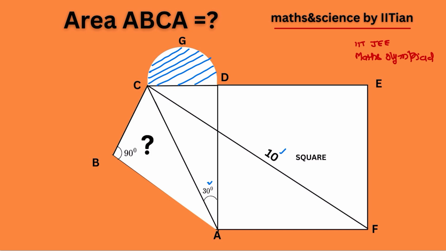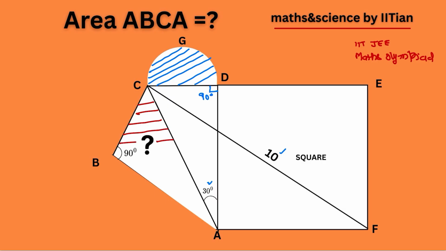And because CD is the extension of ED and ADEF is a square, it is taken that angle CDA is 90 degrees because it is an extension, and the connection between C and F distance is 10. This is what we have taken, and we have calculated the area of the semicircle CGD.